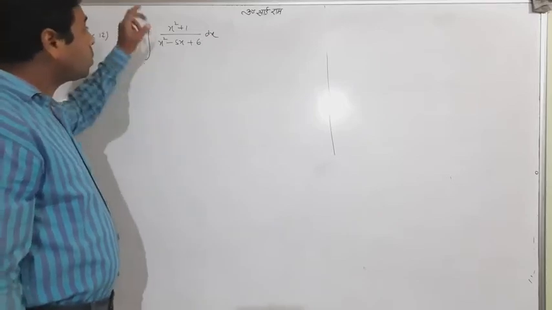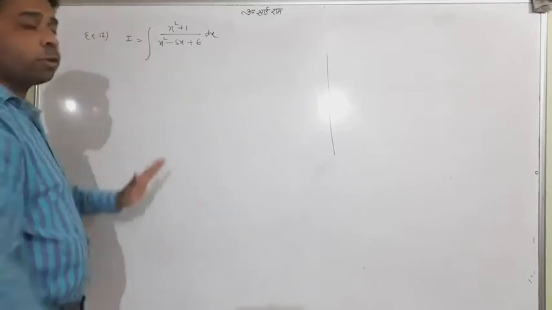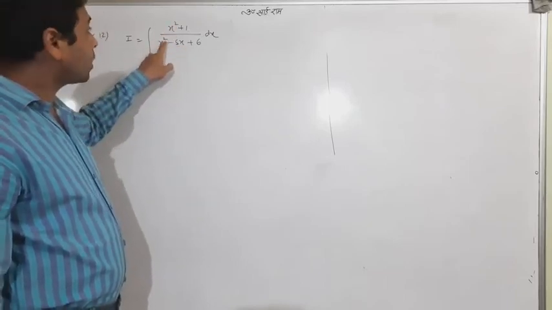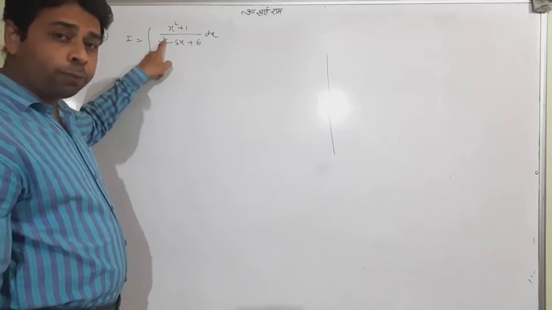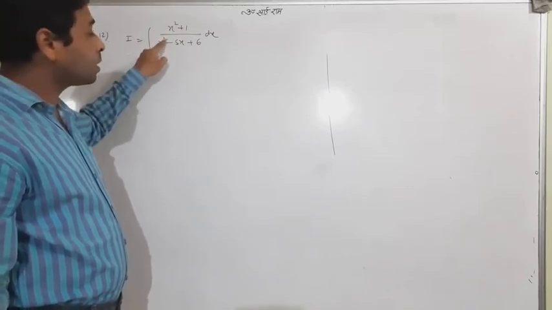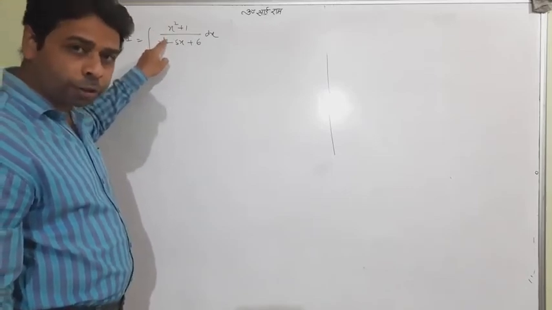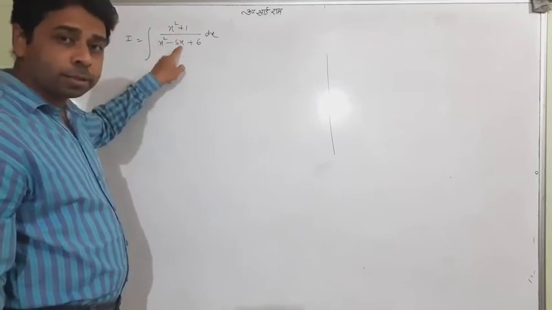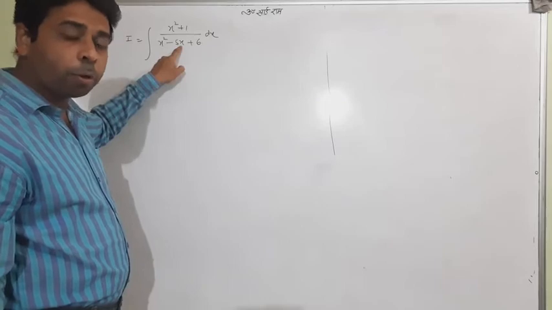Students, can you see that this is x square and this is x square. When both parts have the same power, it is not a proper fraction. So first of all, you will divide this by this and turn it into a proper fraction.